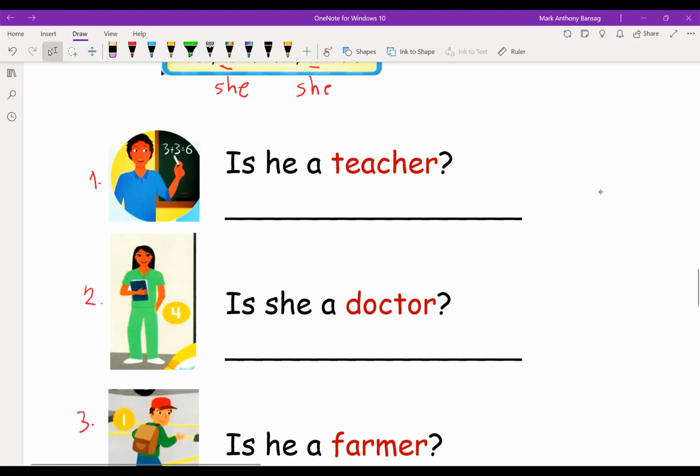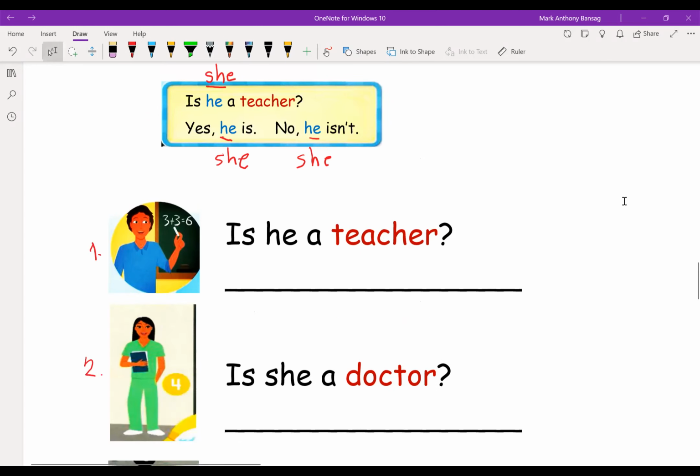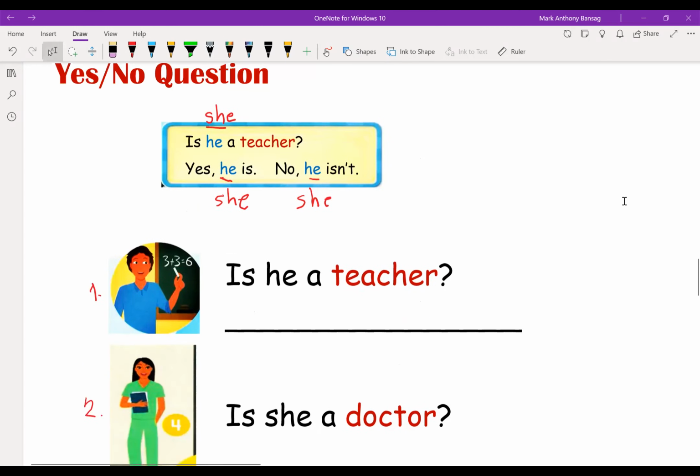For number 1, is he a teacher? Is he a teacher? Our answer is yes. This one is a man, so we're going to use he. Yes, he is.